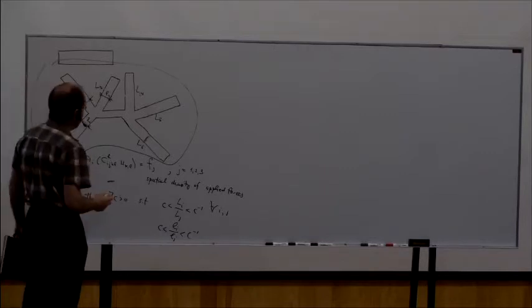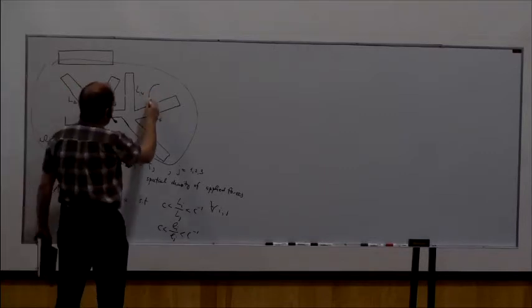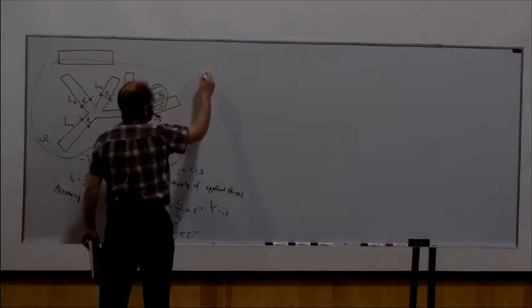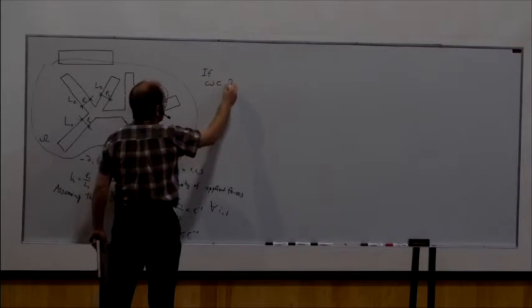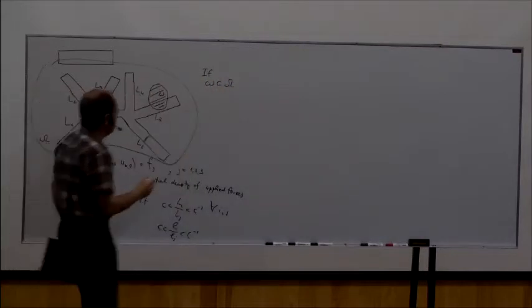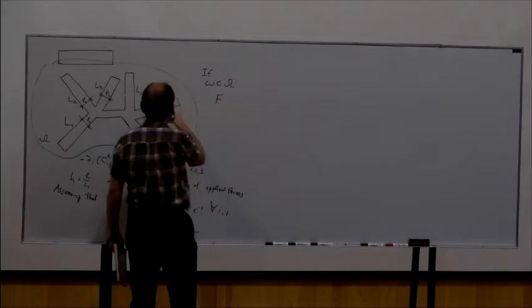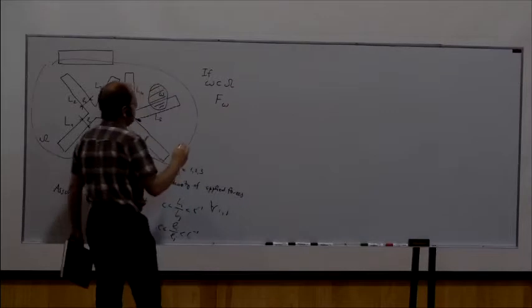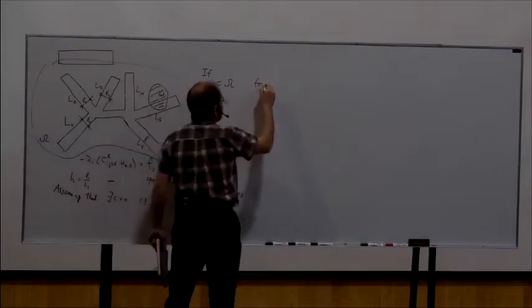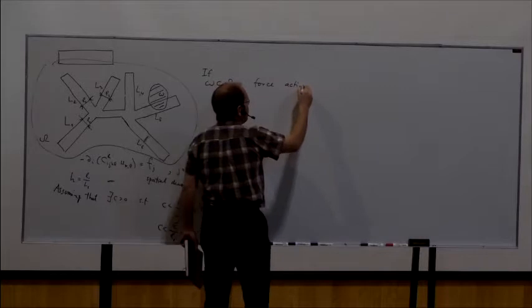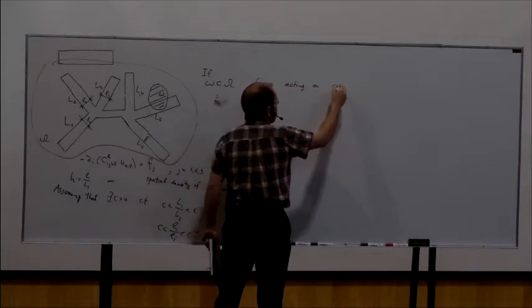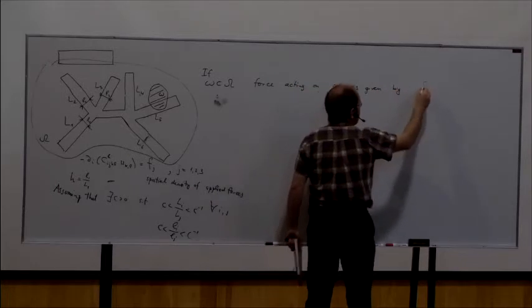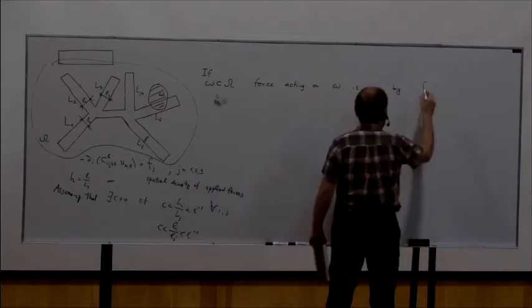So that the force on a subregion, if omega is contained in our domain omega, then the external force acting on omega is given by the integral of f over omega.